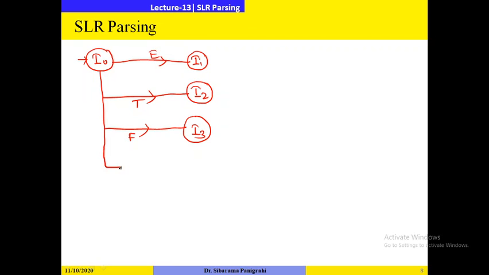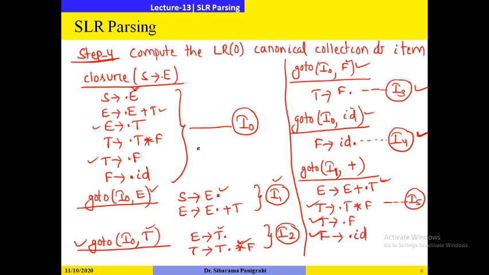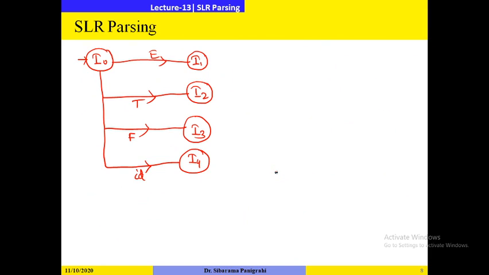Okay, so here you see, go to I0 comma E, means I0 by taking E as input. To which state does it move? I1. That's why I have written I0 by taking E as input, it goes to I1.